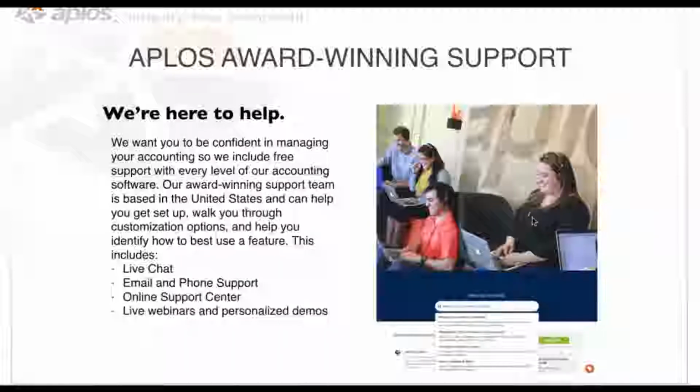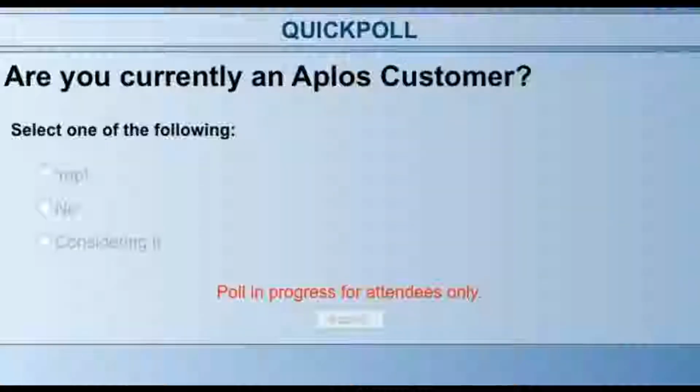Just for the sake of a real quick poll, I want to get a sense. Could you just let me know, using the poll right there, whether or not you are currently an Aplos customer, just to get a sense of who's logging in today. Totally fine. Okay, great. So we got about 76%. Good. No pressure either way. Just want to get a sense. So as I go through the demo, you get a sense of who's on and who's not.